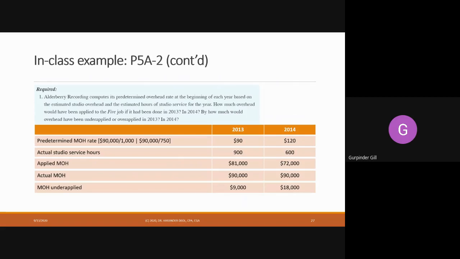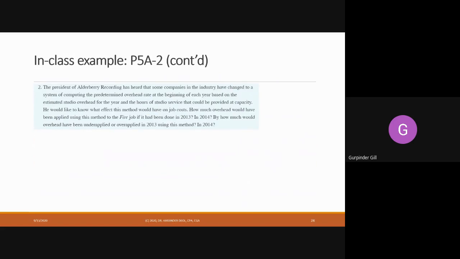The president of Elderberry Recording has heard that some companies in the industry have changed to a system of computing the predetermined overhead rate at the beginning of each year based on the estimated studio overhead for the year and the hours of studio service that could be provided at capacity.